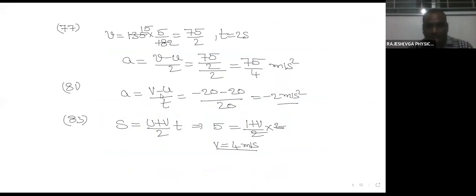Yes, 12 we want. a by 2 of 2n, 2 12s are 24 minus 1, 23. So 6 they have given, 6 by 2 into 23. That is 3 into 23, 69 meters. Right?